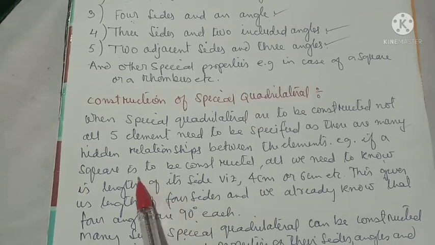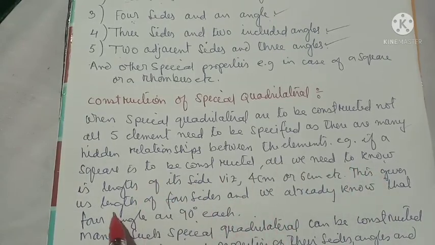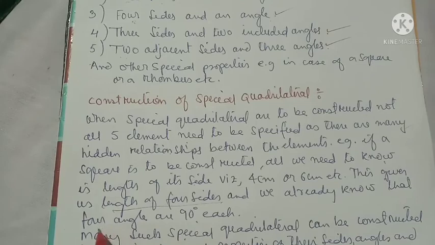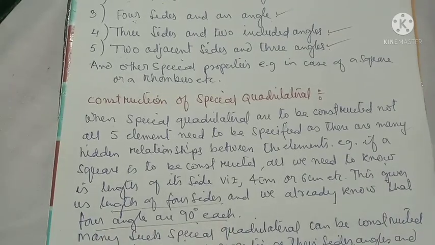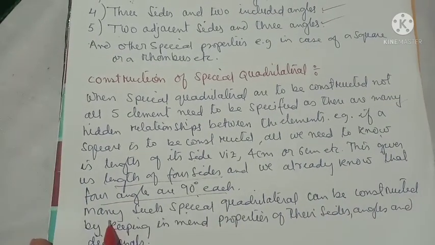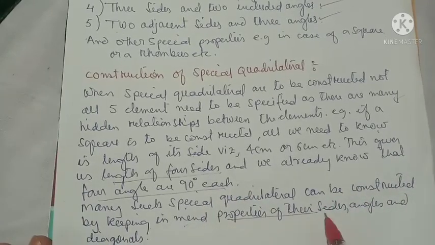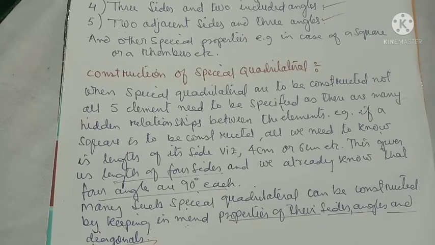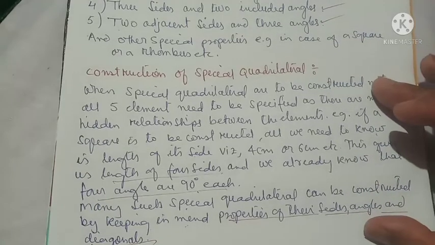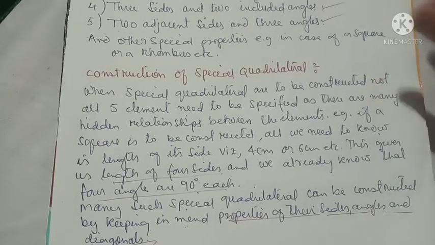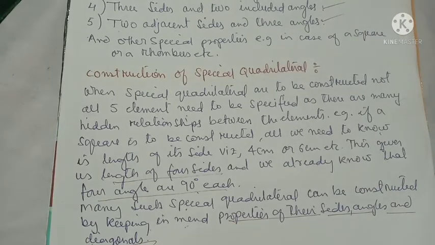If we discuss the square, we know that all 4 sides are equal and the 4 angles are 90 degrees. So for the construction of a special quadrilateral, we need to focus mainly on its properties. Many such special quadrilaterals can be constructed by keeping in mind the properties, side lengths and diagonals. This is about the construction of special quadrilaterals and of unique quadrilaterals.